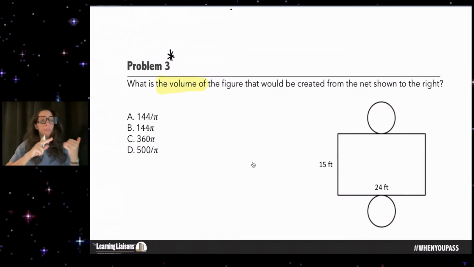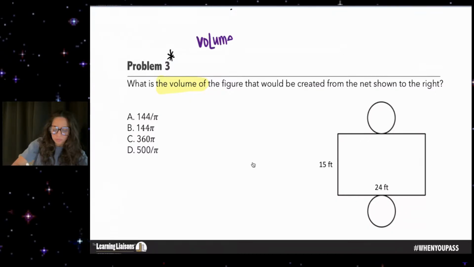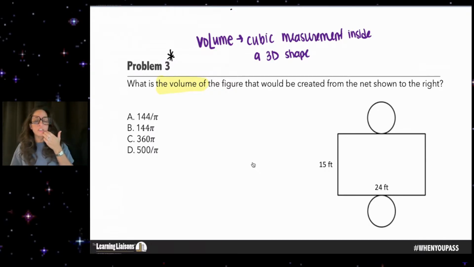So we talked about perimeter, we talked about area. Volume is the cubic measurement inside a 3D shape.